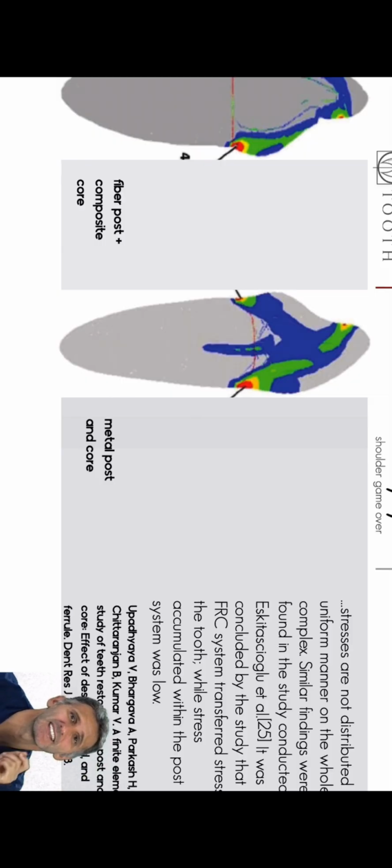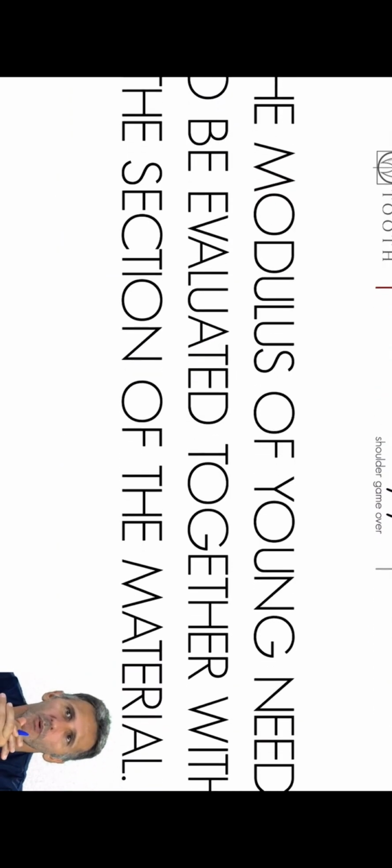There is less stress on the cervical part, that is the weak part that we want to stiffen, the weak part where we want to reduce the bending. And there is a load, of course, in the central part of the tooth, in the root. But this is something that we want, because when we put a post, what do we do? We want to share a part of the problem, of the bending, with the root.